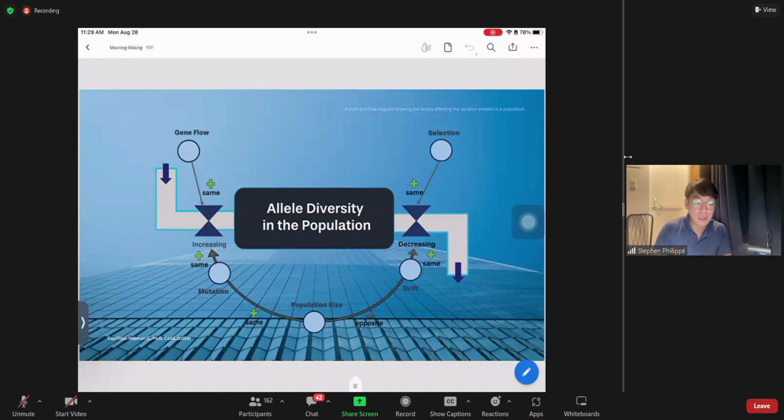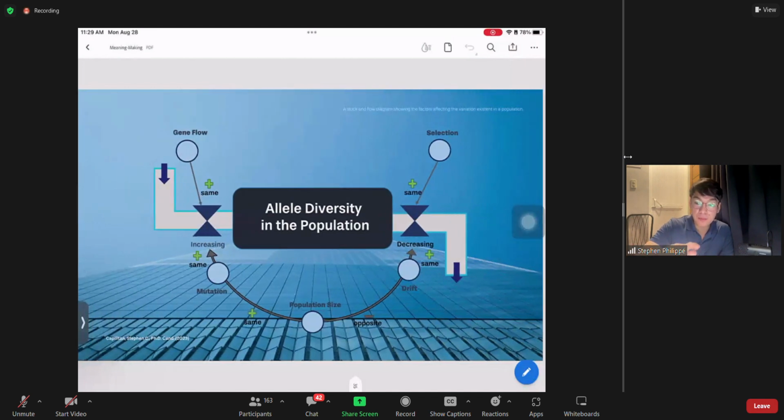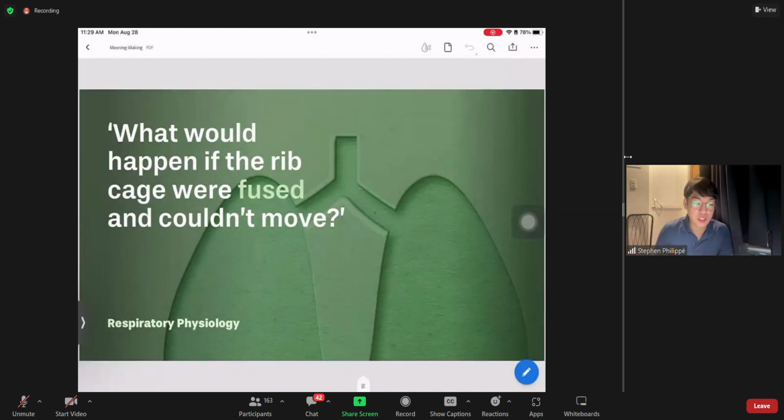But if you can't really introduce systems dynamics modeling in the classroom, I highly suggest that you make paper and pen diagrams out of this. So questions like these: What would happen if the rib cage were fused and couldn't move?